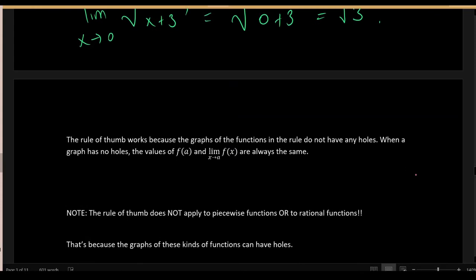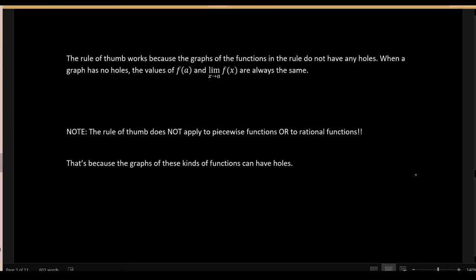Now the reason why this rule of thumb works, and works specifically for the functions in that list, is because the graphs of the functions in that list don't have any holes in them. Polynomial graphs, radical graphs, exponential graphs, logarithmic graphs, and trig graphs don't have any holes in the graph.